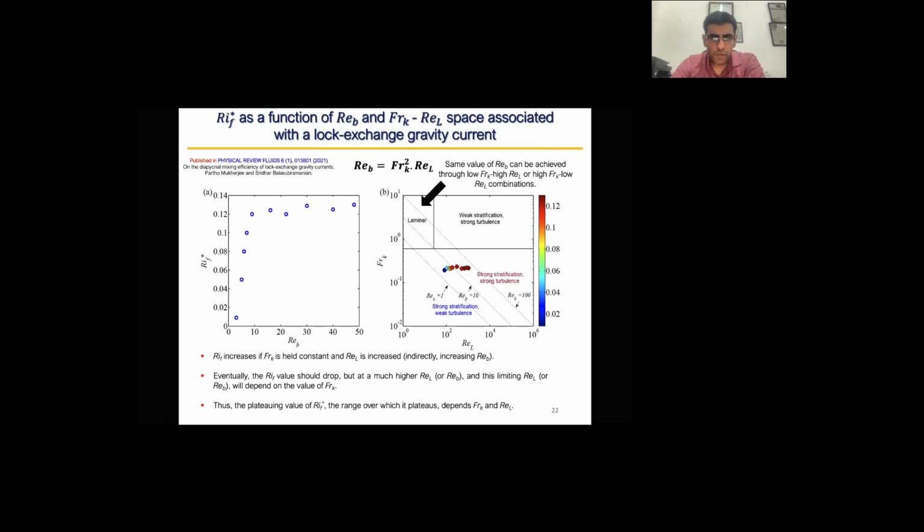Then larger Richardson and larger Reynolds becomes quasi 2D, and there are lots of issues with that. I think there are some still unsolved problems.